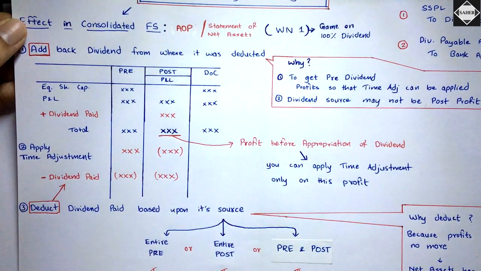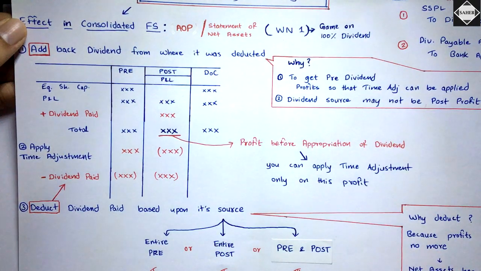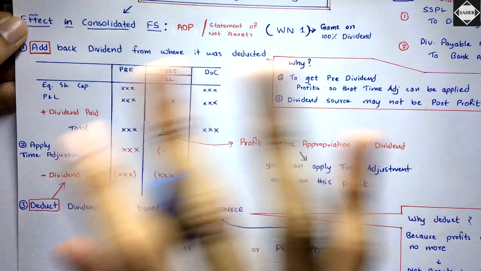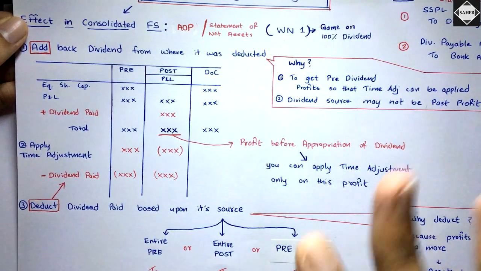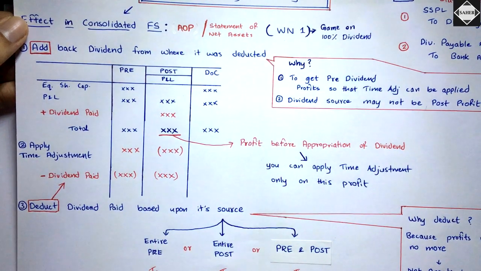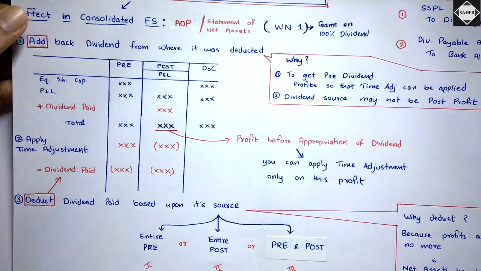Now in the previous question we did not have the time adjustment. In the first dividend question which we solved, there was no time adjustment. That is why we directly moved to step 3. The same scenario was there in that question. But here time adjustment is there in the question, so we will do the time adjustment, and then we will go to step 3, deduct the dividend paid based upon its source.